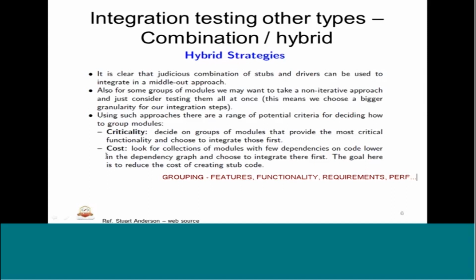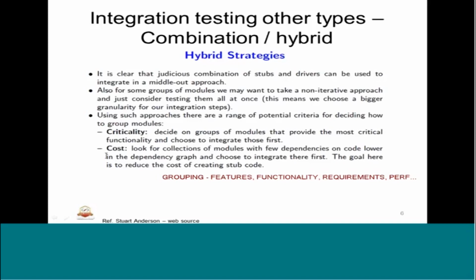Then the cost. This is also equally important. Look for collections of modules with few dependencies on code lower in the dependency graph and choose to integrate those first. The goal here is to reduce the cost of creating stub code. Sometimes we cannot be doing stubs all the time because it is going to add cost.